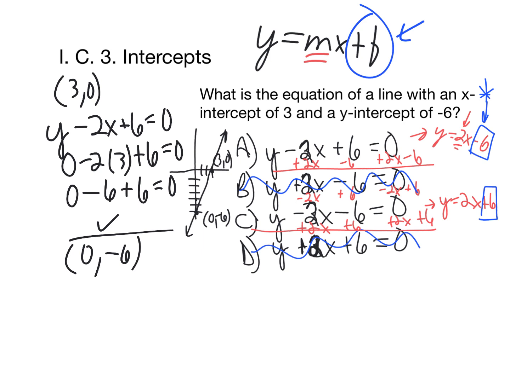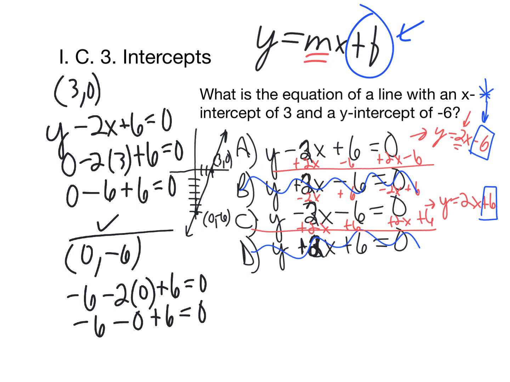So put a 0 in for x and put a -6 in for y. It would have been better probably to write the equation right there, it would be easier to keep track of what I'm doing. Sorry about that. Okay, so that works as well.